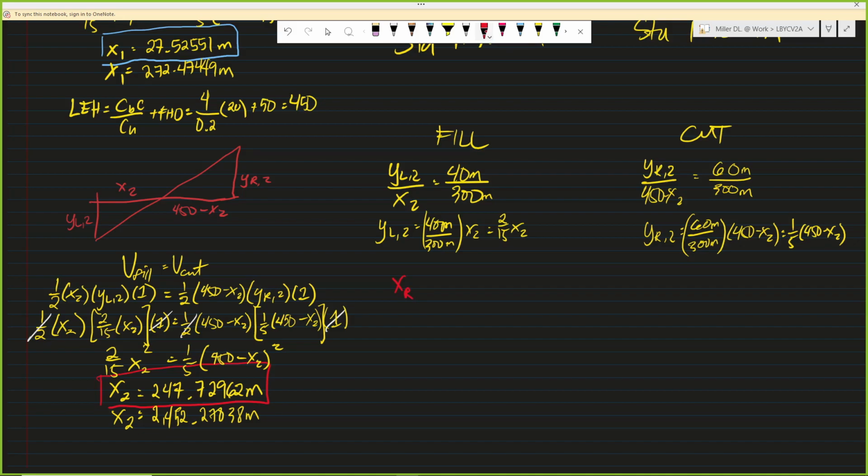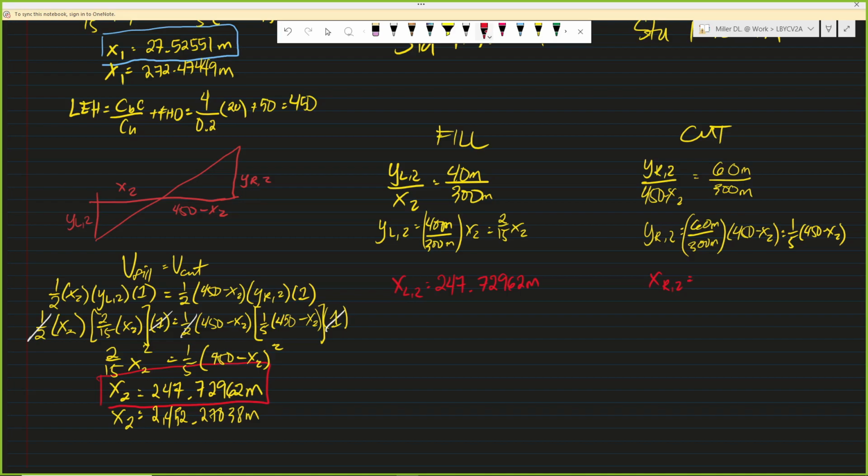So, we have x sub L2 and x sub R2. So, x sub L2 is 247.72962 meters. How about XR sub 2? X sub R2. What would be the value? So, ano lang yan? 450 minus 247.72962.